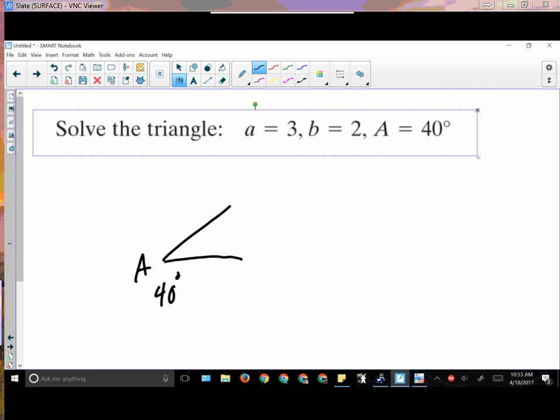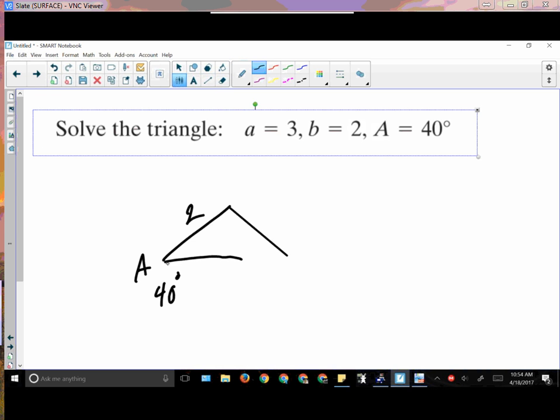Does that make sense? Now, B has a distance of 2 units. A is larger than that, so I can't have it go this way, because if I draw a line that is longer, then it wouldn't necessarily make a triangle, would it? So that means this is going to have to go out here someplace in order to fit.